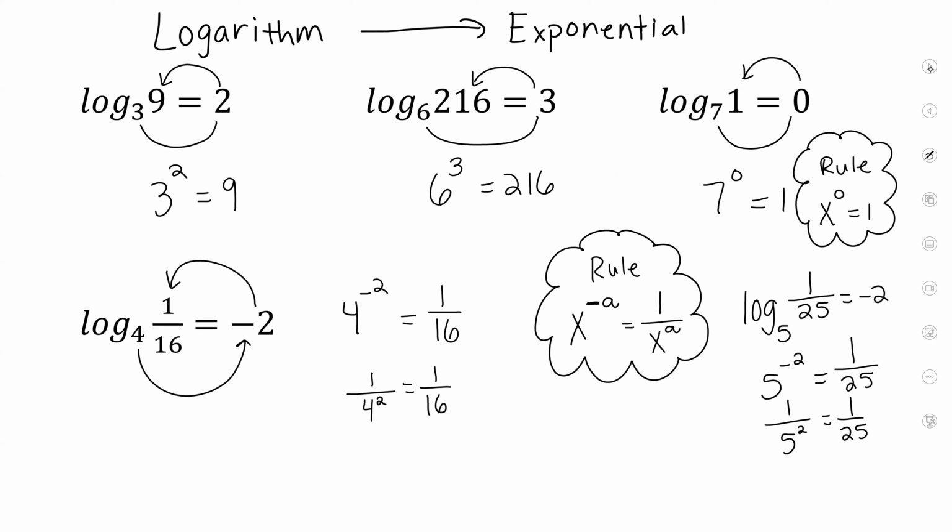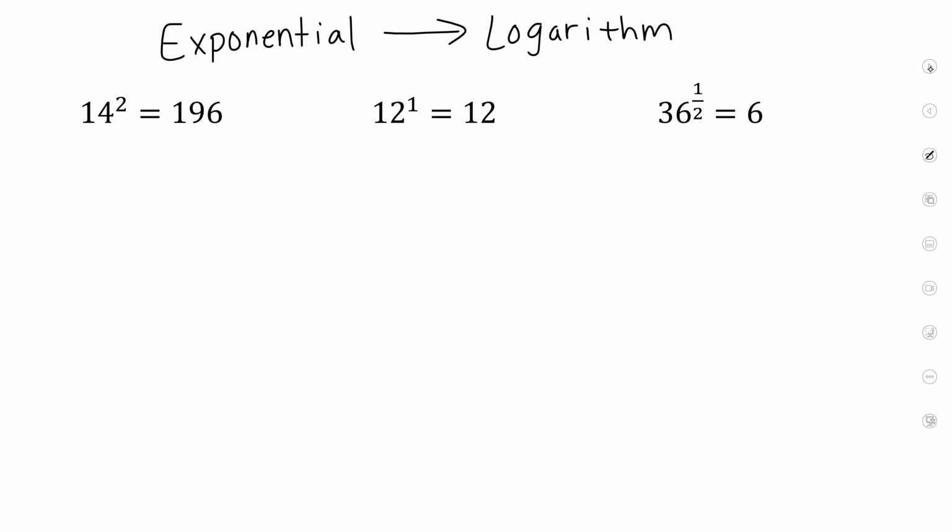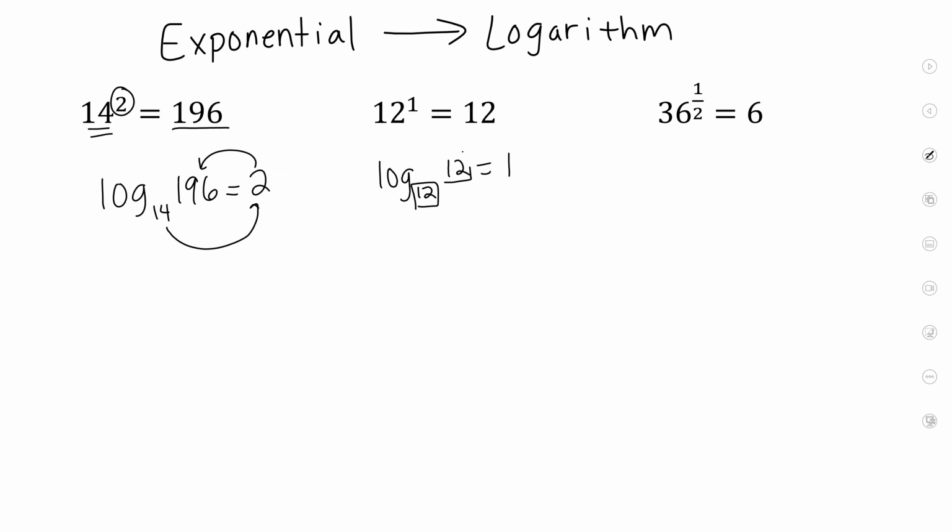Okay, now let's convert exponentials into a log. Your base goes here, the answer goes here, the exponent goes here. 14 squared is 196. This is log base 14. Whenever you have the base matching the answer, it's always going to be 1.